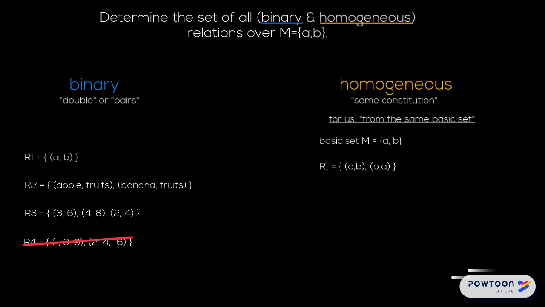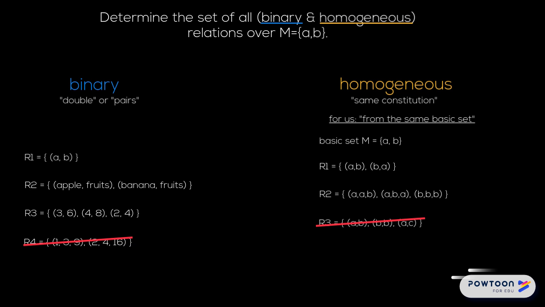R1 is a homogeneous relation on M. R2 is as well a homogeneous relation on M, this time with triples. R3 is no homogeneous relation on M because one of its pairs contains a C, which is no element of M. But R3 is a homogeneous relation on, for example, a set of A, B and C or A, B, C and D. So whenever someone says this is a homogeneous relation, it has no value at all.